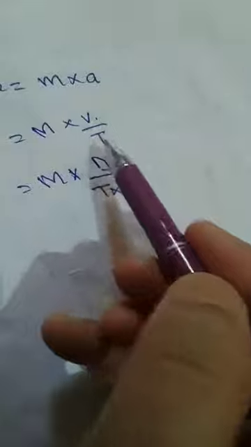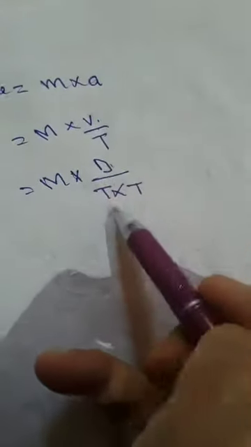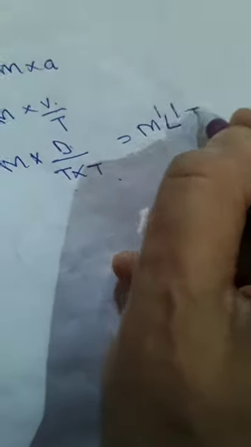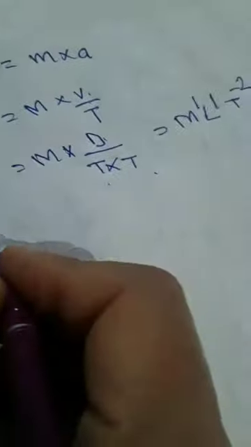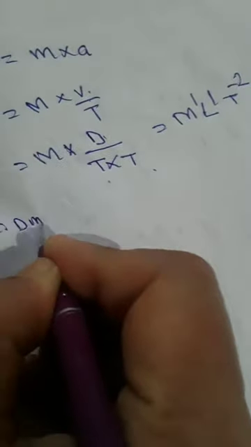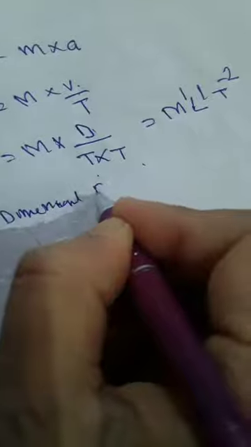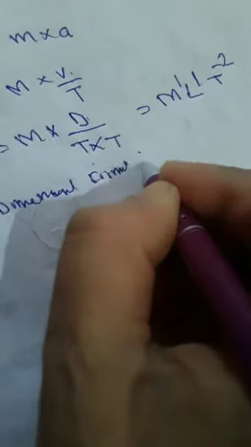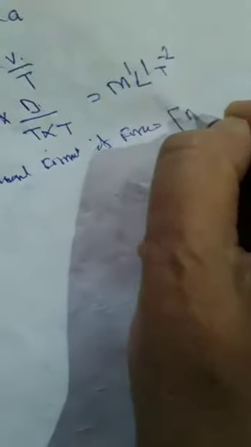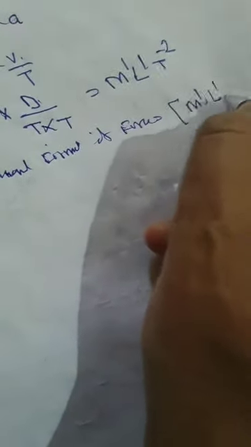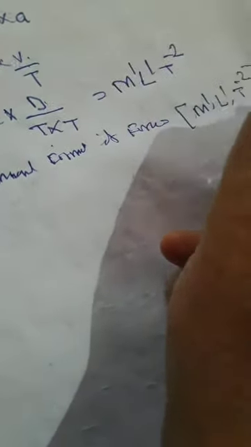Acceleration is equal to velocity by time, velocity is distance by time, and one time is there. We can write it M1 L1 T raised to power -2. So the dimensional formula of force is [M1 L1 T-2].